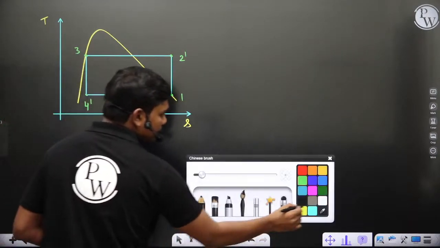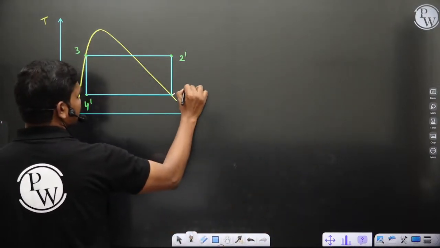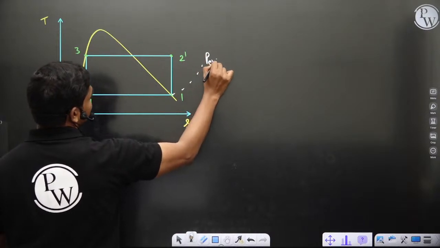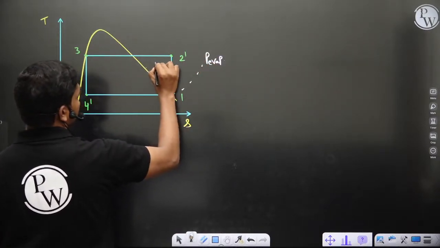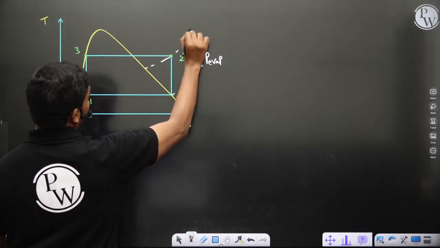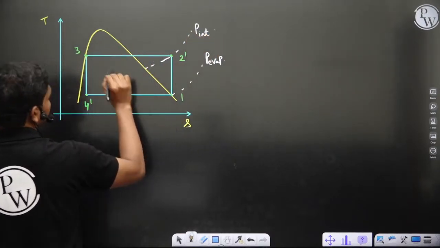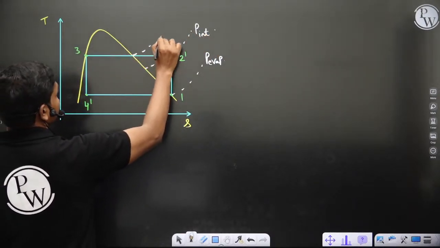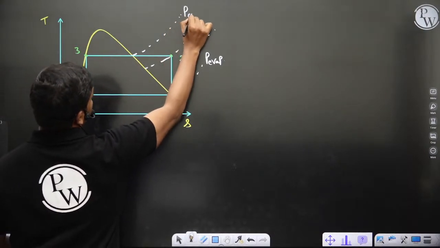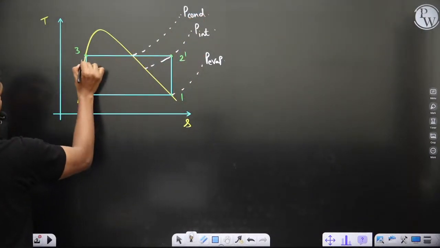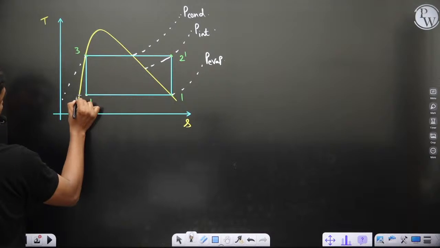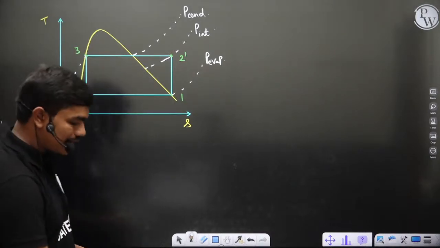And the pressures in this are P evaporator, P intermediate, and let's say you also got P condenser. So this is P evaporator and P condenser.